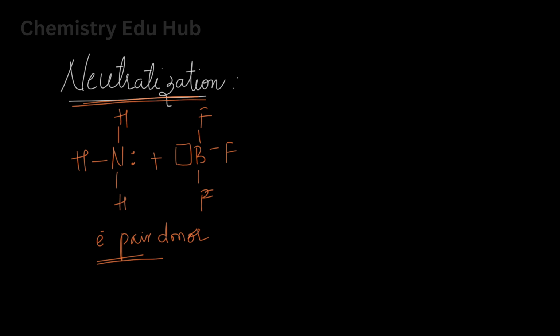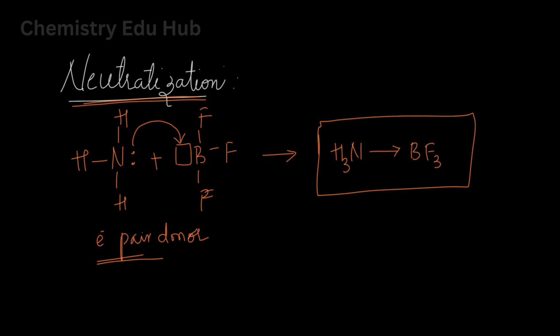So what do we observe here? This lone pair will be transferred to boron, and that results in the formation of a coordinate covalent bond between nitrogen and boron. Such a process is considered neutralization according to Lewis theory, where one lone pair is transferred from donor to acceptor.